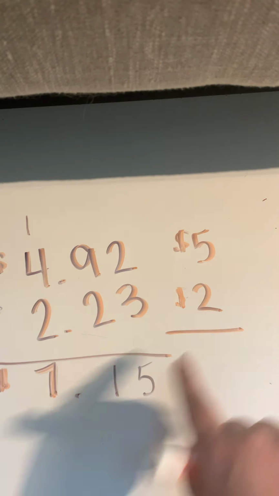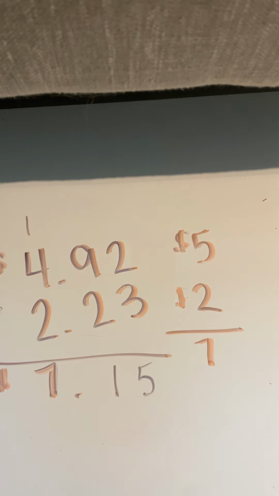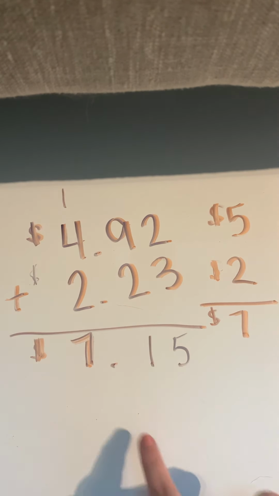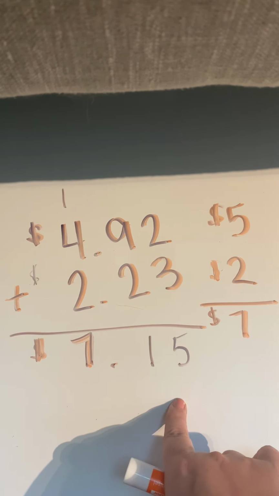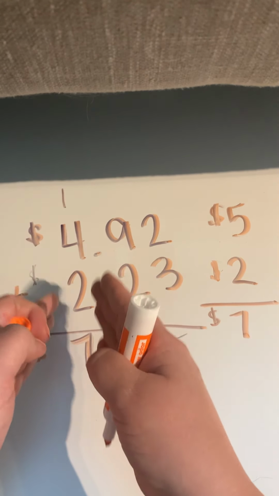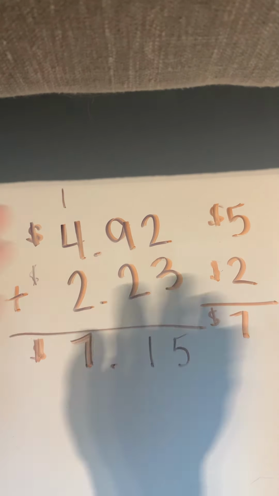So 5 plus 2 is 7. Okay, and so $7 is pretty close to $7.15, right? So I can look at the numbers that are in my ones place, and I can use those in order to help me estimate.